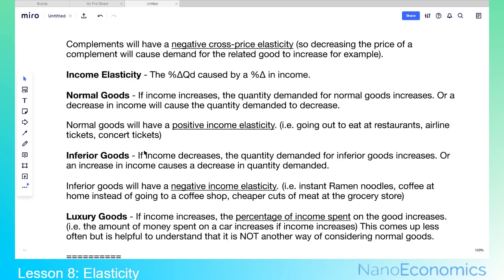So now with income elasticity, that's how we're going to understand the degree to which goods are normal or inferior.